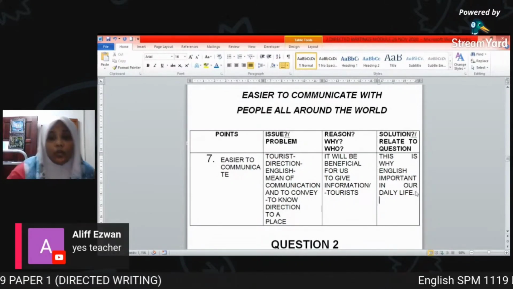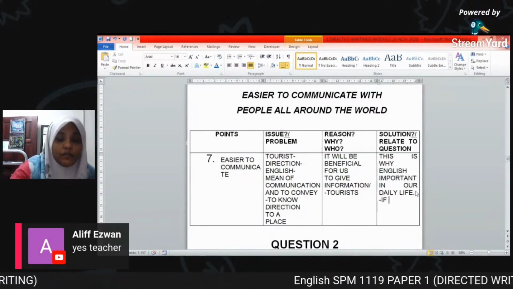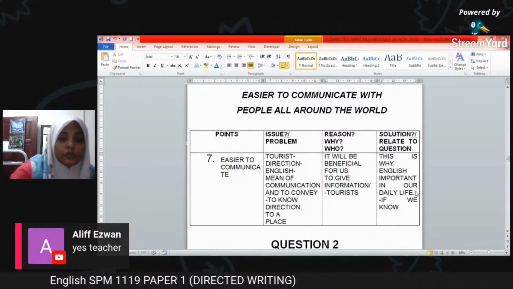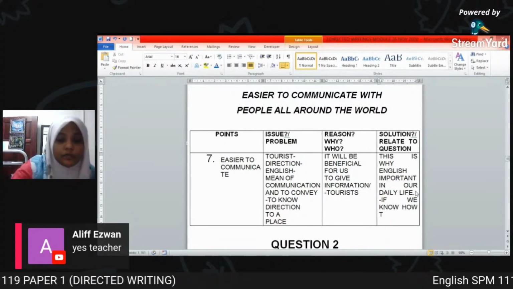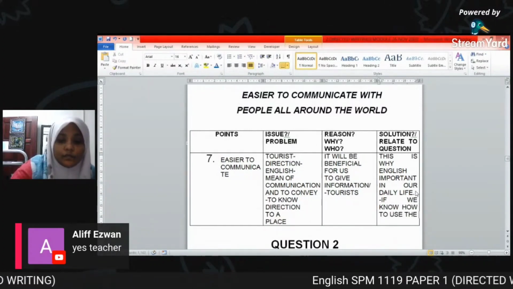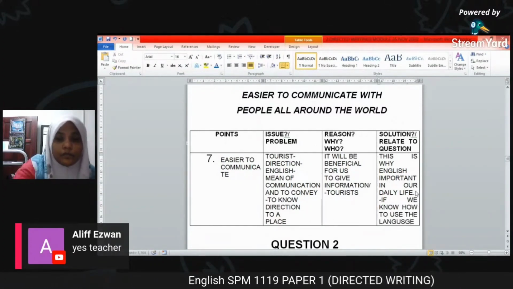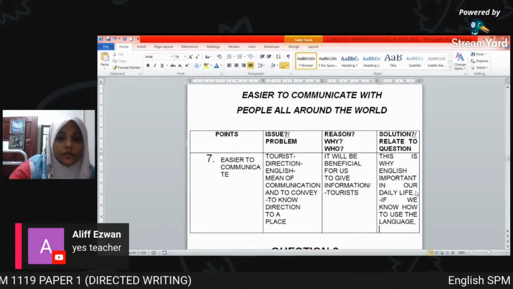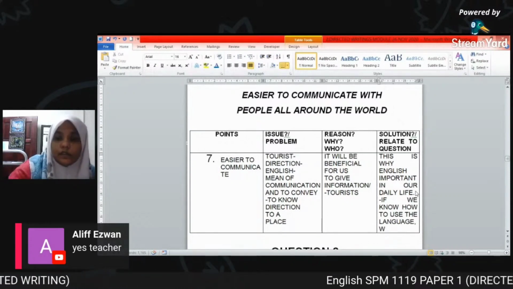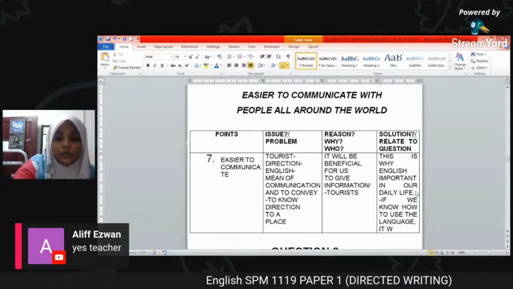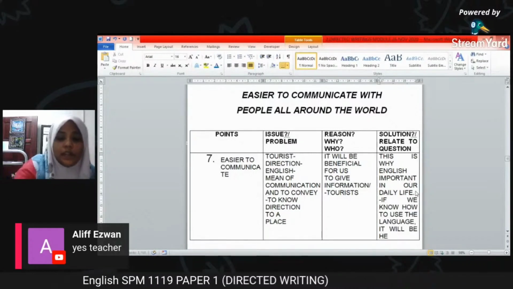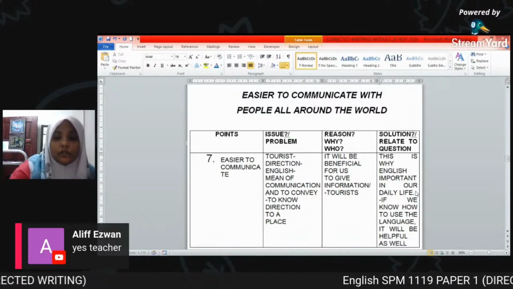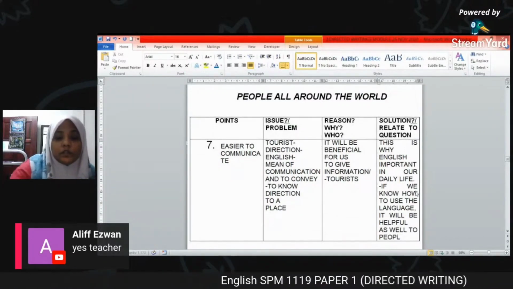If you know how to use the language, it will be helpful as well to people around us.